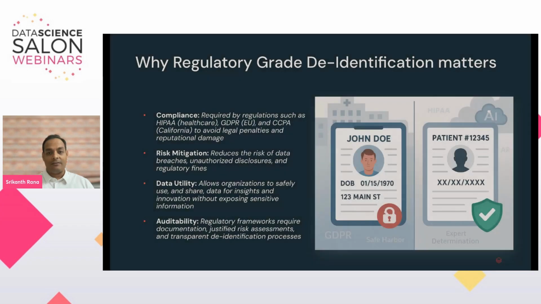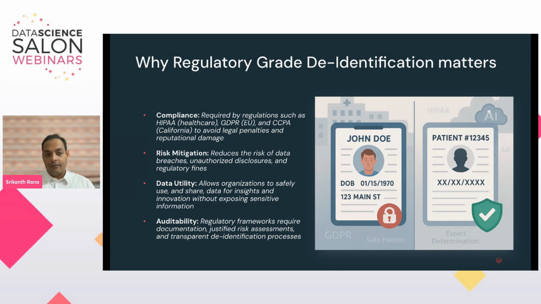But why does it matter? Well, it's required for regulations such as HIPAA, GDPR, and CCPA. Health systems and insurers that do not comply with these regulations attract legal penalties and reputational damage. De-identification also helps with risk mitigation. It reduces the risk of data breaches, unauthorized disclosures, and regulatory penalties.